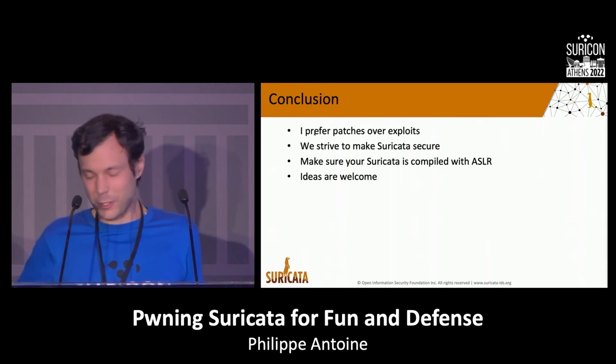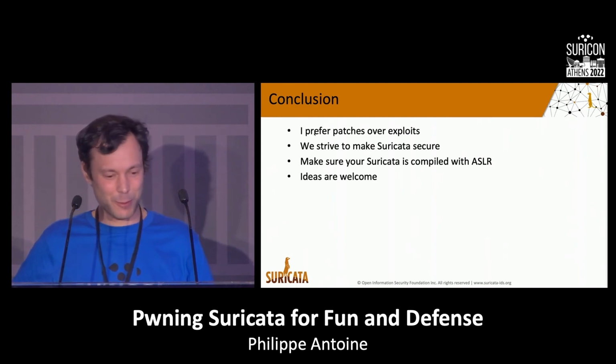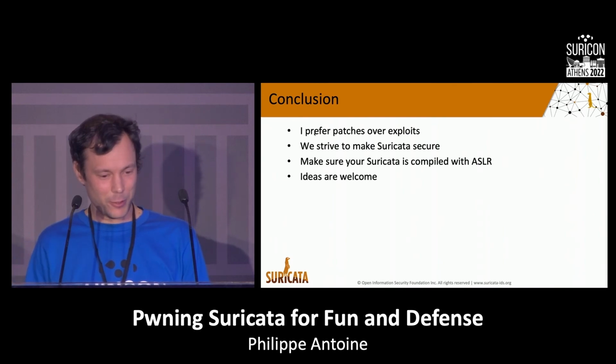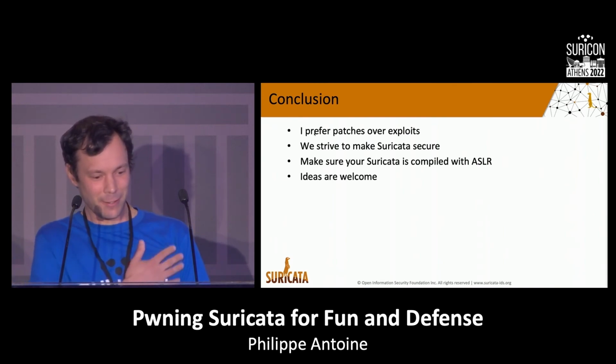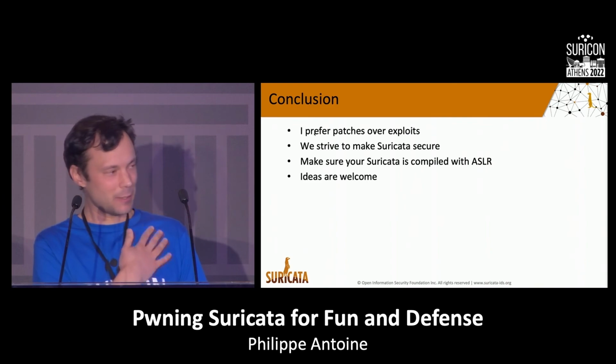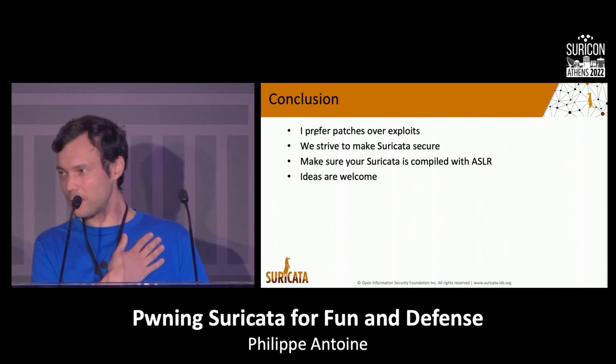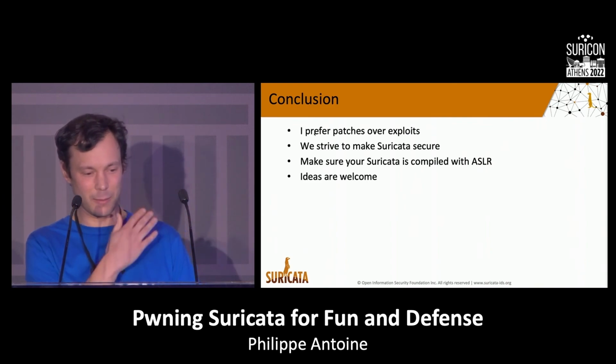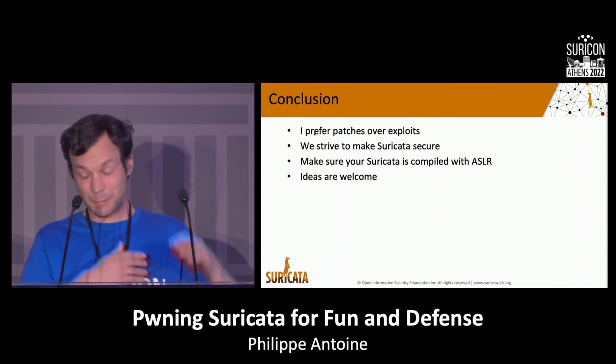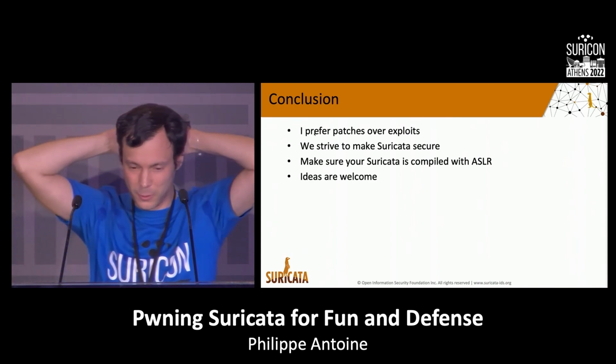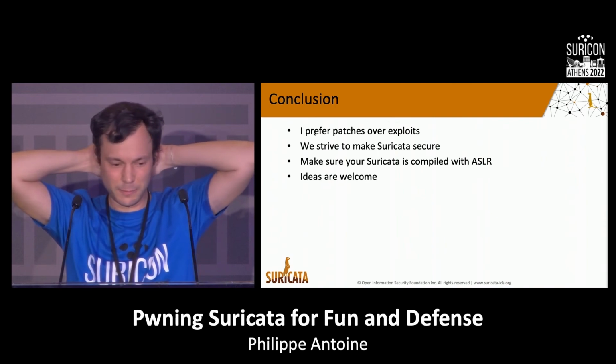As a conclusion, I prefer patches over exploits. I hope not to build more exploits again. And we strive to make Suricata more secure. If you have ideas about other defense countermeasures, they are welcome.